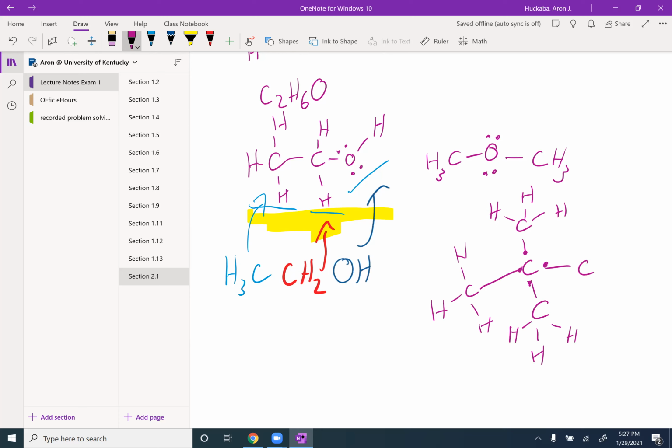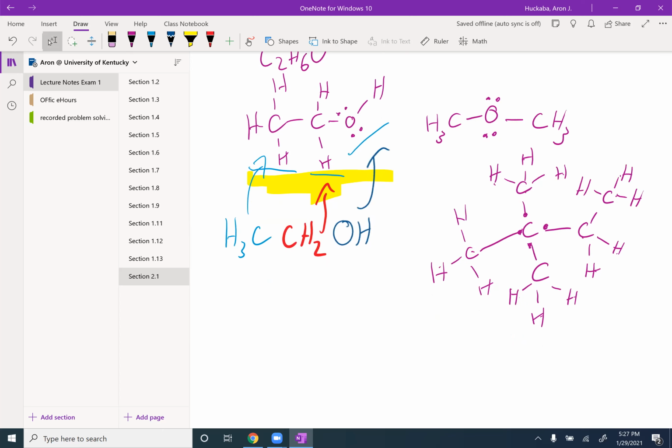So if we were to draw this molecule, all carbons and hydrogens, its molecular formula is C6H14, counting 6 carbons and 14 hydrogens.